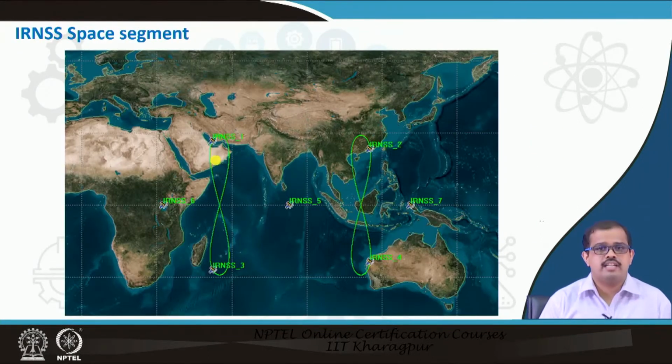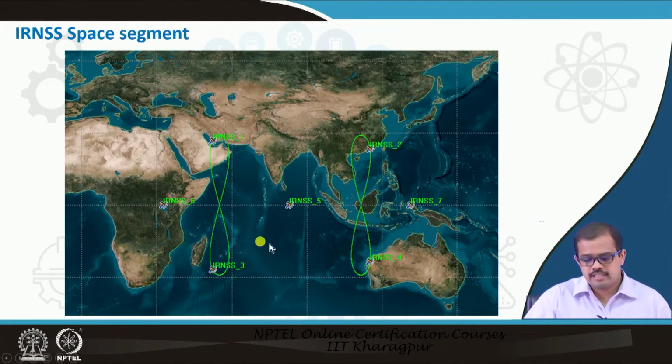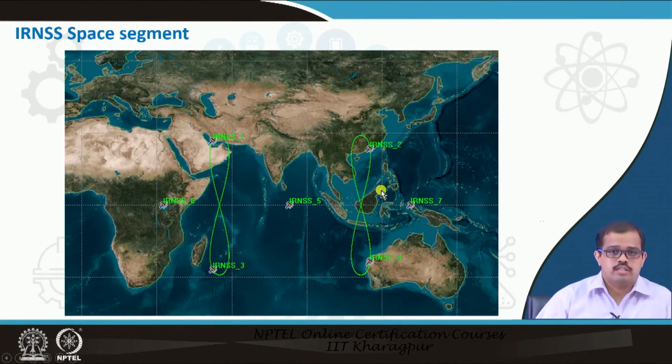When we look at the entire space segment, IRNSS is available in these particular segments specifically. These are the two segments where it is available. I am sorry, I spoke about Eastern, it's not Eastern Australia, it's Western Australia.